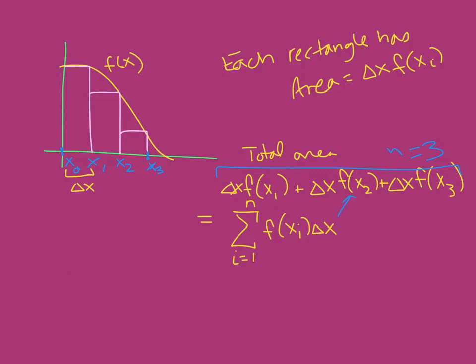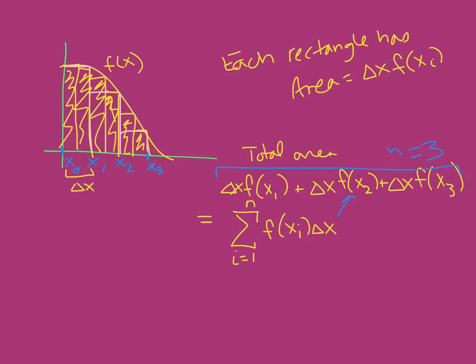If you do more rectangles, you are going to get a better estimate. So if instead of doing these 3 rectangles, I were to break it into 6 rectangles, then I would get a much better estimate of the area. I'm going to overlay them here. You can see that with the yellow rectangles, I have a lot less empty space, and that gives me a better area.